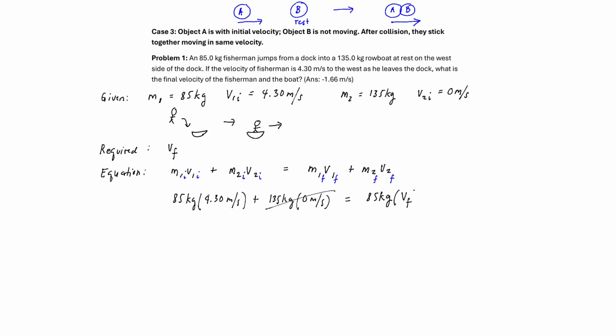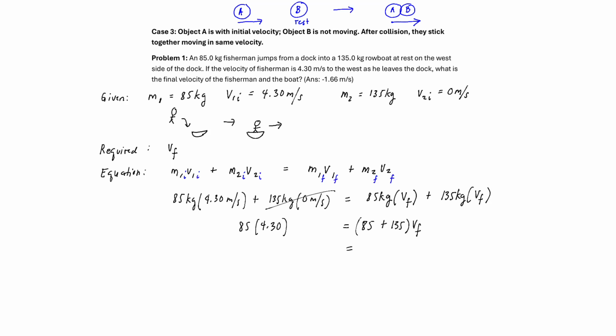Anyway, they're just going to have the same velocity, so we can represent it with VF, plus 135 kilograms for the boat, and since they join together, we have the VF. And so notice here that we could simplify that as 85 multiplied by 4.30, and then we could factor out the VF, so we have 85 kilograms plus 135, factoring out the VF.